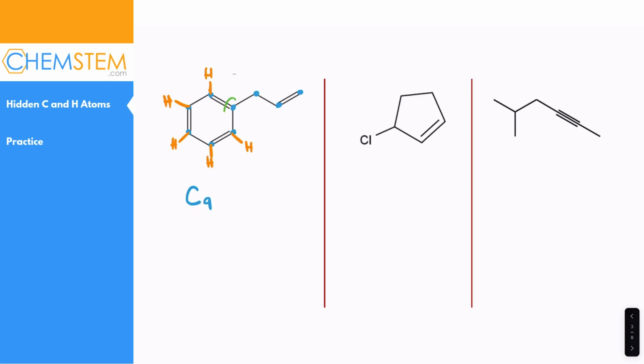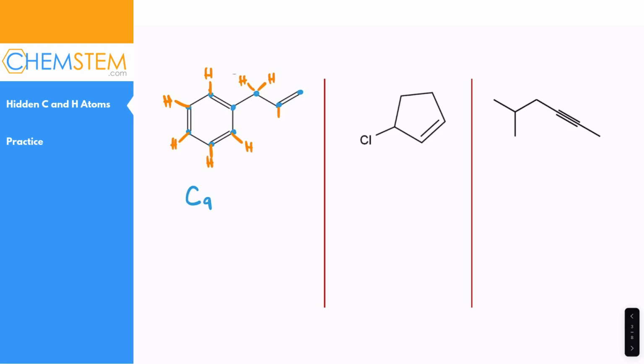This carbon here, notice how it already has its 4 lines. It's full up. It has 2, 1, and 1. It has a double bond, a single bond, and a single bond touching it, so there's no more room for a hydrogen to even exist there, which means there's no hidden hydrogen there. If you look at this carbon, it has 2 lines, which means it has 2 more available lines, which is where the hydrogens are hidden, to save space, of course.